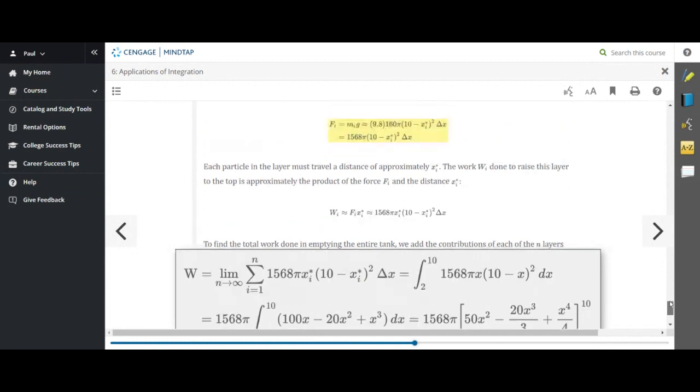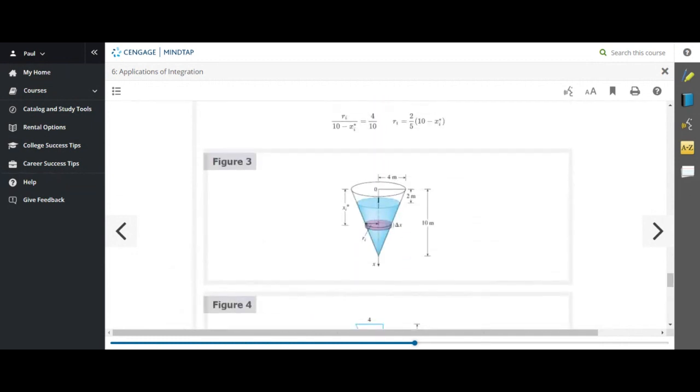If you go back to the picture there, the way they defined x in this problem, see on the left in Figure 3, that x sub i star there on the left, x sub i is the distance the water level is from the top of the tank. So given that, the limits have to go from 2 meters to 10 meters. Do you see that?